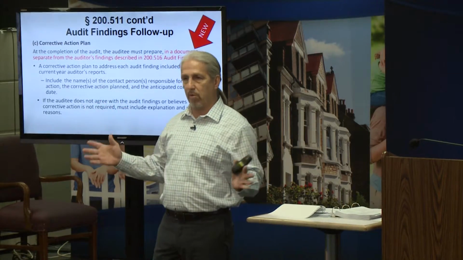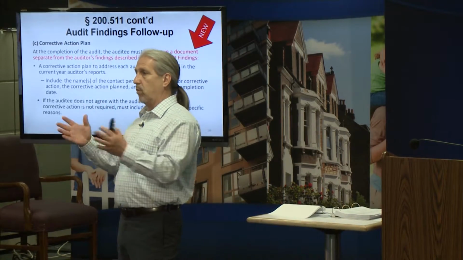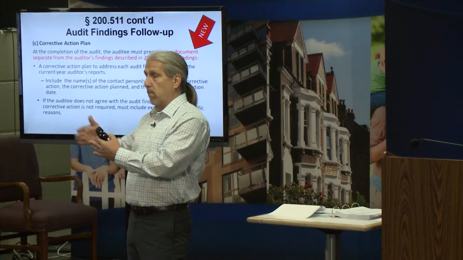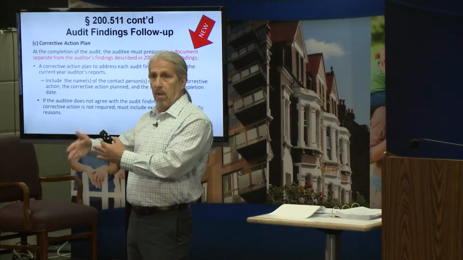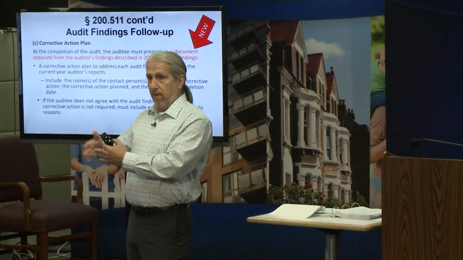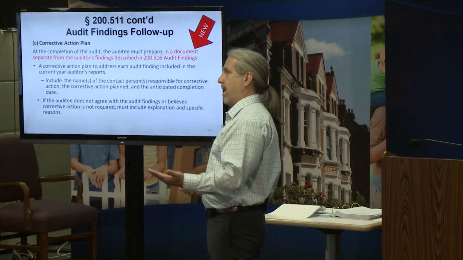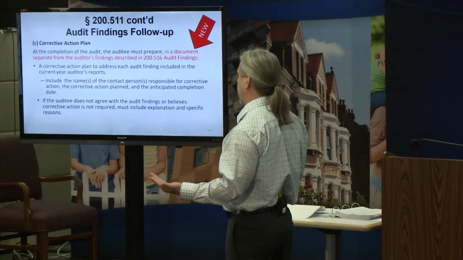It was too general, too broad. So you argue that, hey, we believe we are in compliance with section whatever, 1,500, whatever. Okay, so you can argue that out in your corrective action plan.